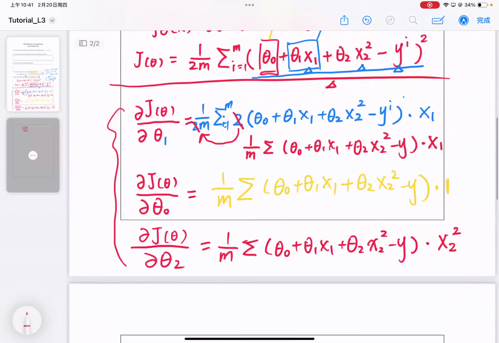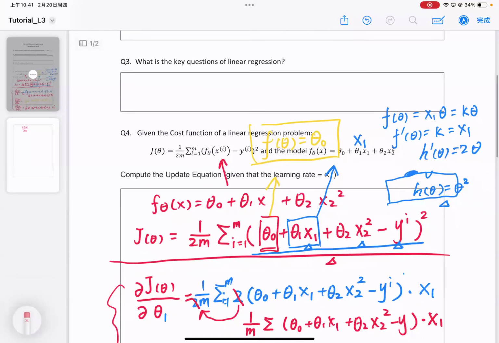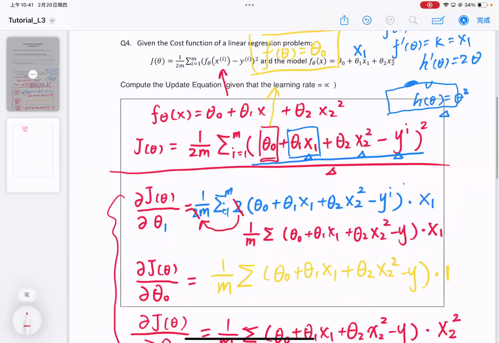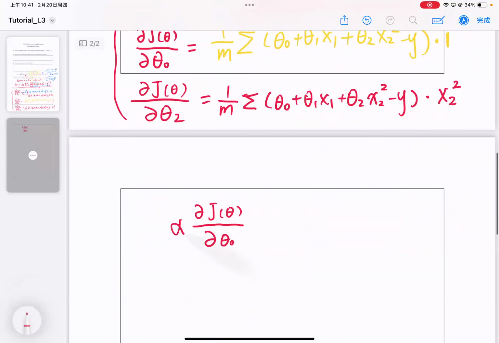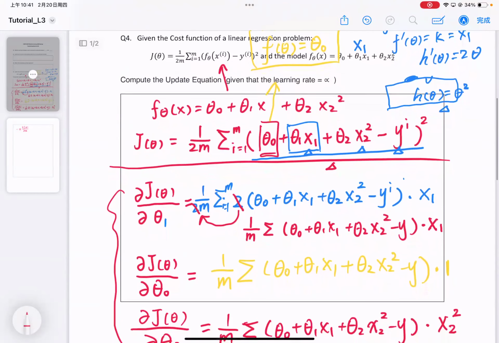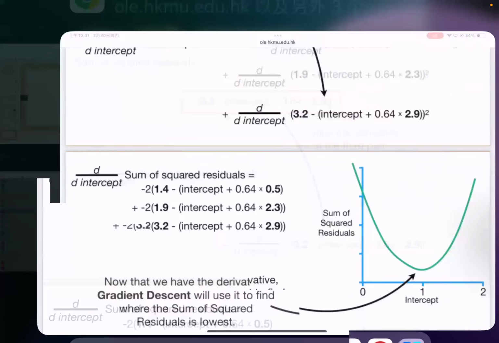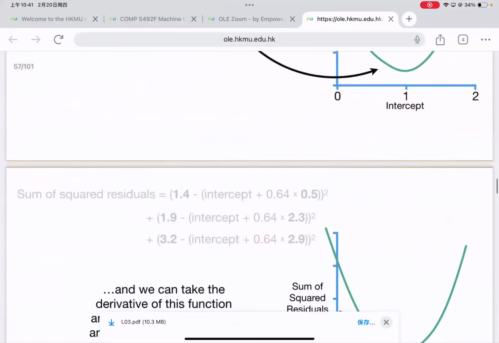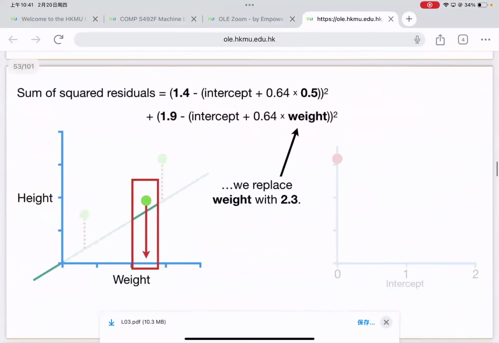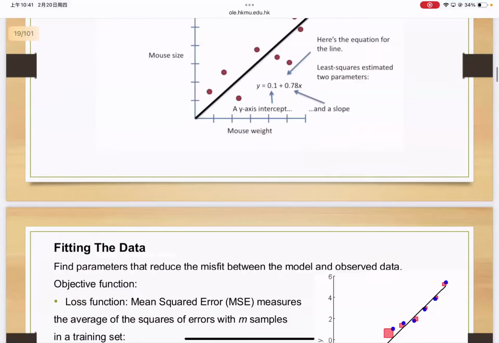This is the alpha here, right? It is using alpha. So it's the previous step, the previous gradient. Okay, what's gradient descent?